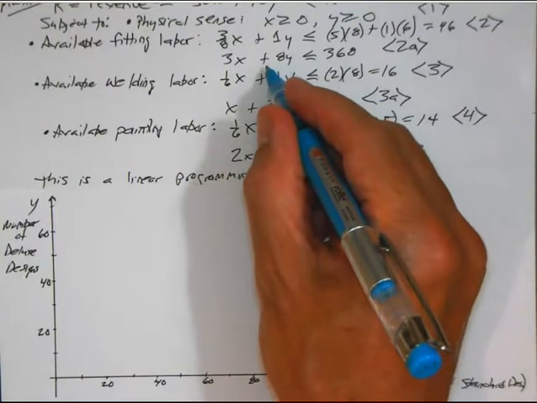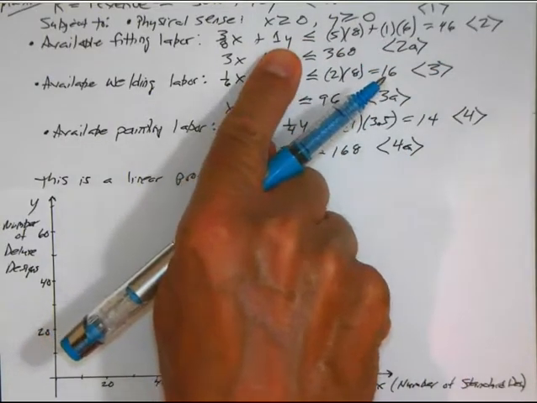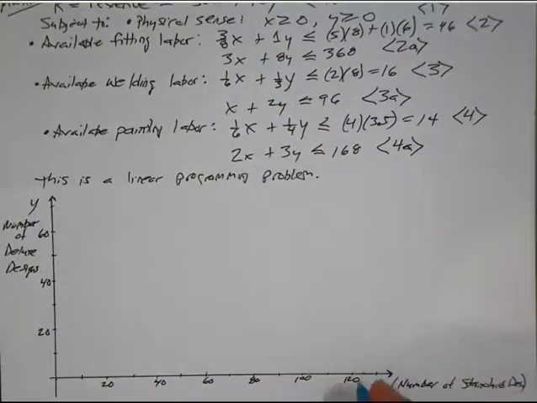If y is 0, 3x is 368, divide both sides by 3. X would be, let's see, 1, 2, doesn't divide evenly. Okay, 122 and 2/3. There's 120, 122 and 2/3, right about there. I'm making sure I label these intercepts with their exact coordinates right now, because these could become vertices.